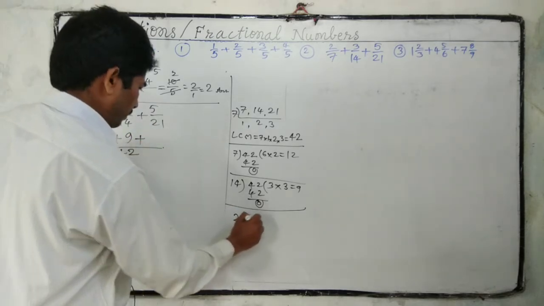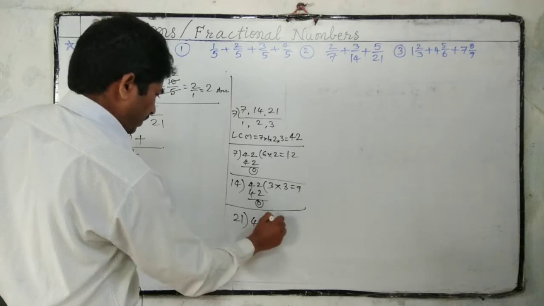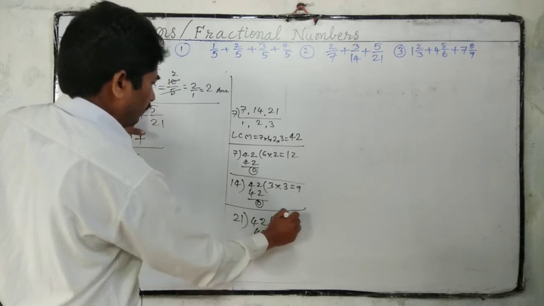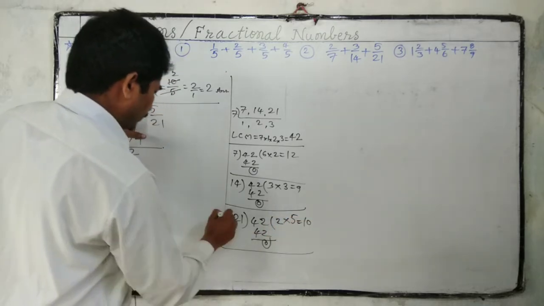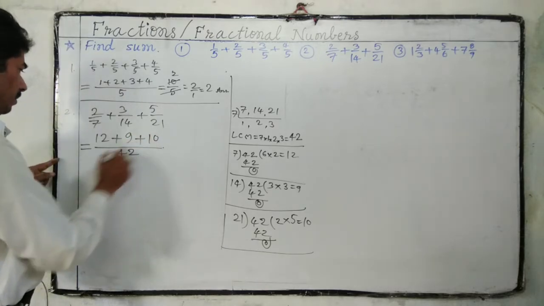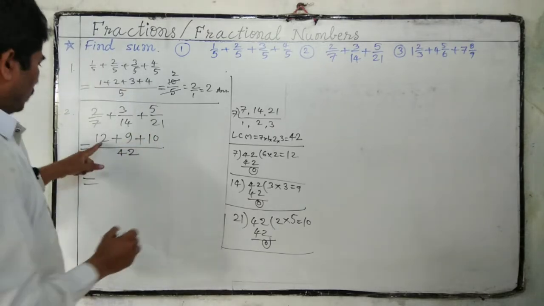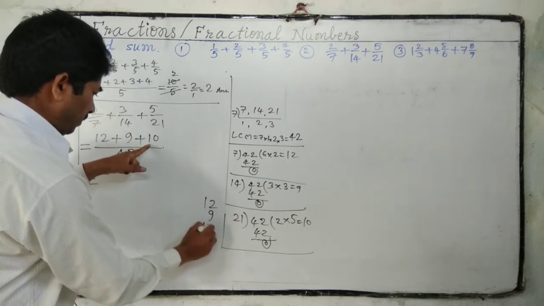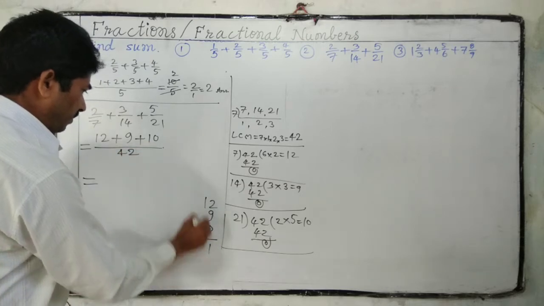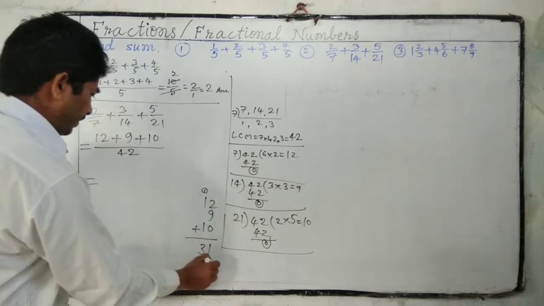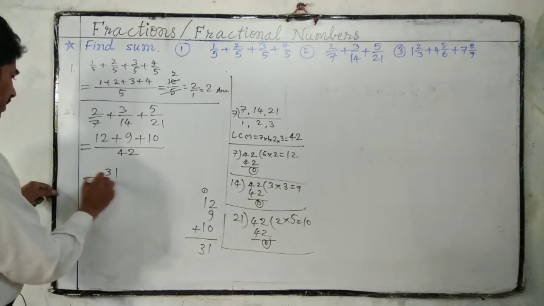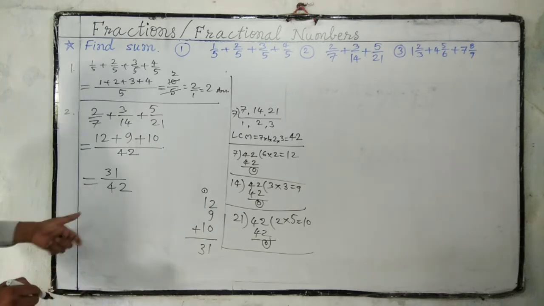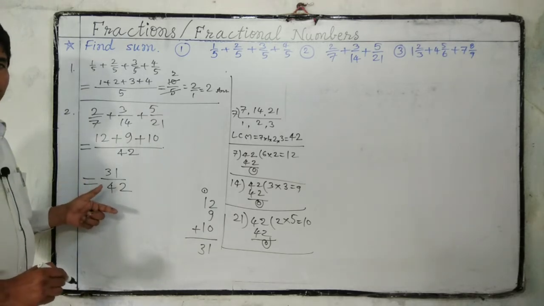With 21, 21 twos are 42. 2 fives are 10. 12 plus 9 plus 10 is 31, so 31 by 42. This is in simplest form only, and also a proper fraction.